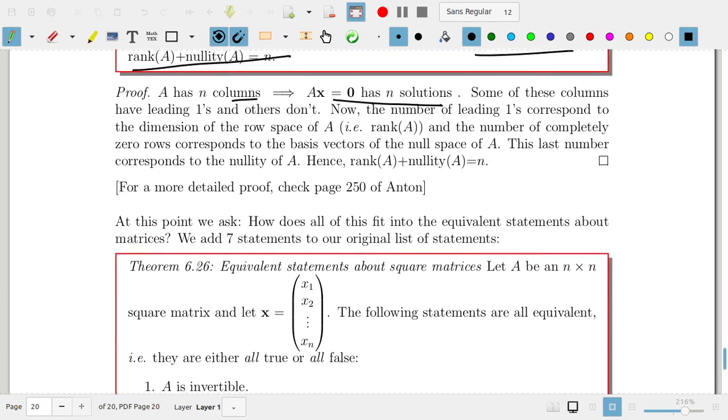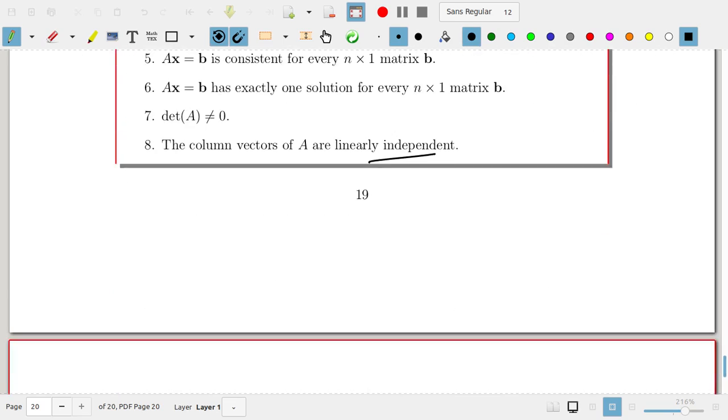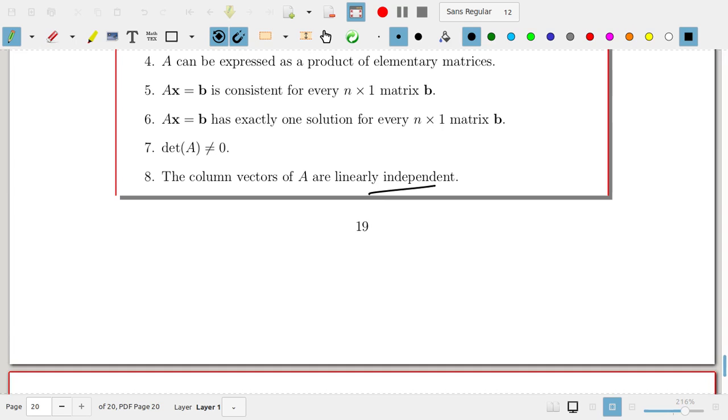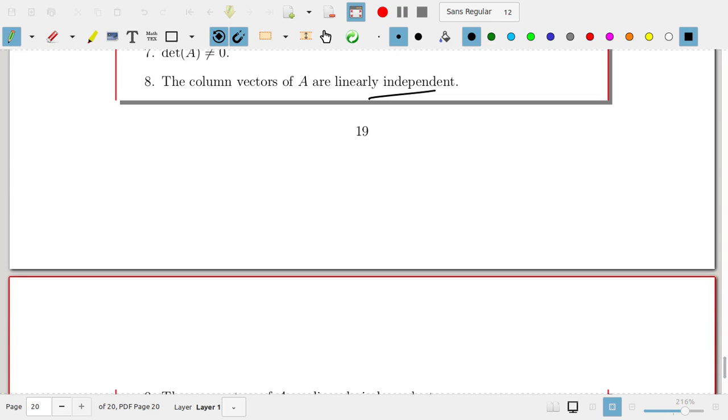So if you have n vectors, and remember the RREF is the identity matrix, right? Now, if that is the case, then obviously the column vectors of A are linearly independent, right? Because if they are not linearly independent, what's going to happen?